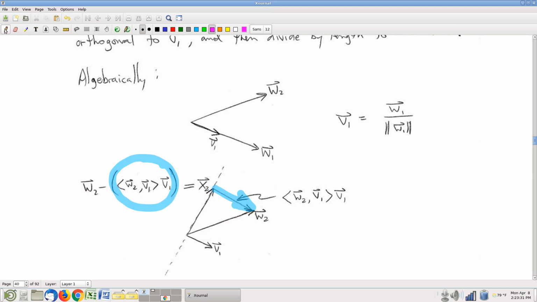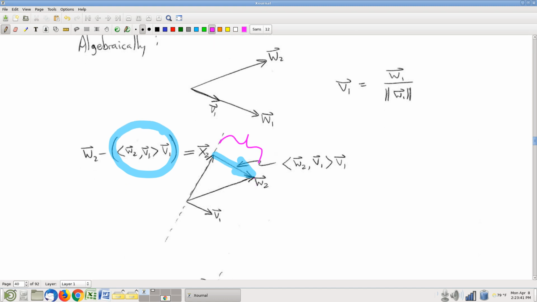We're interested in a vector about which I can figure out two things. For one thing, how long is that vector? Well, its length is the component of W2 in the V1 direction. That's how long it is. Just look at the picture.